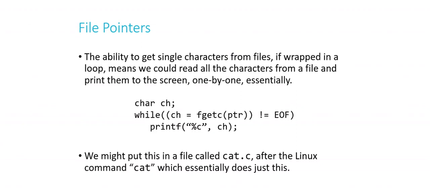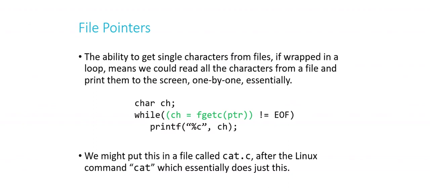We've effectively concatenated that file on the screen, and that's what the Linux command cat does. If you type cat and then a file name, it will print out the entire contents of the file in your terminal window. This little loop is only three lines of code, but it effectively duplicates the Linux command cat.